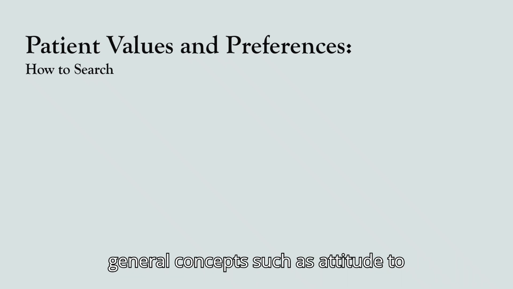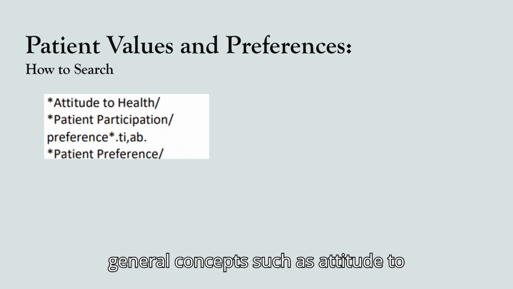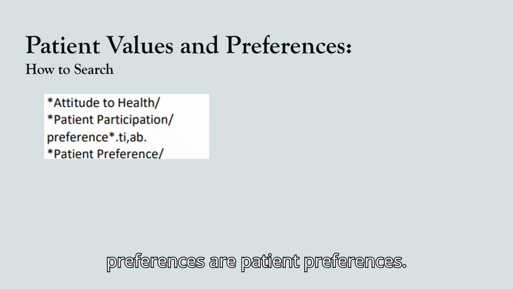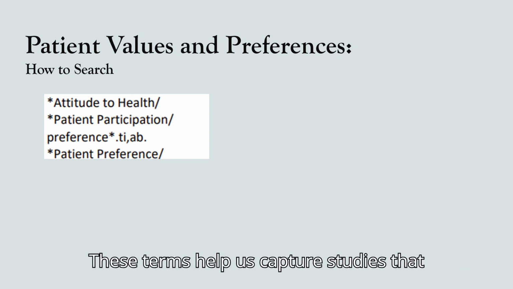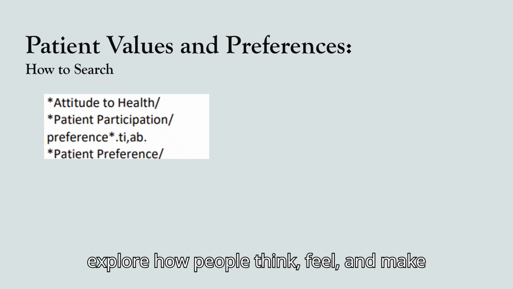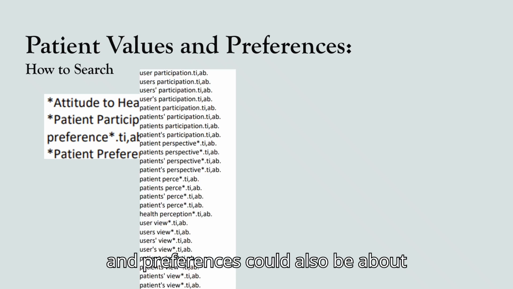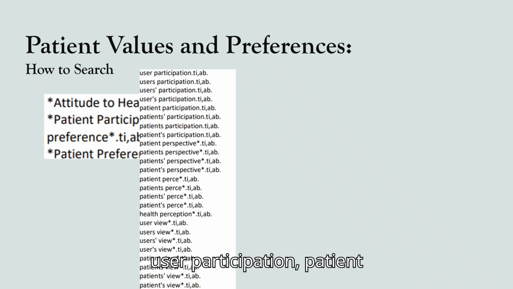We often include general concepts such as attitude to health, patient participation, preferences, or patient preferences. These terms help us capture studies that explore how people think, feel, and make decisions about healthcare. But the values and preferences could also be about user participation, patient perspective, user views, patient views.